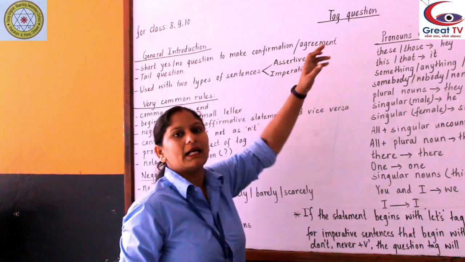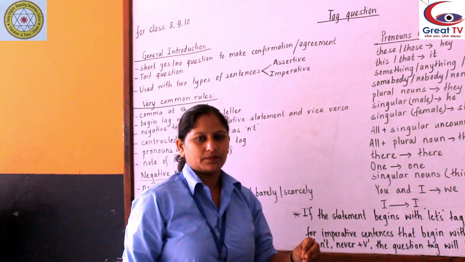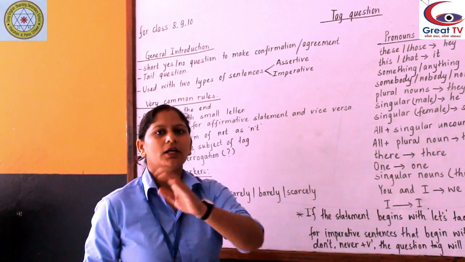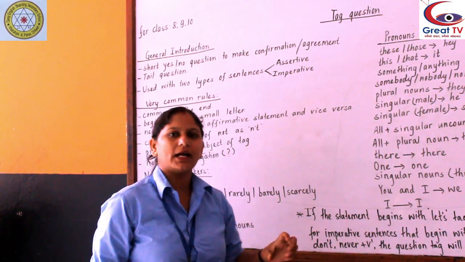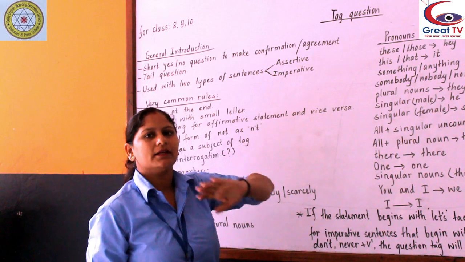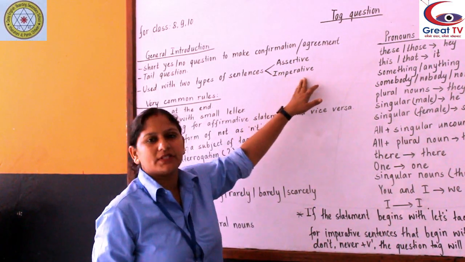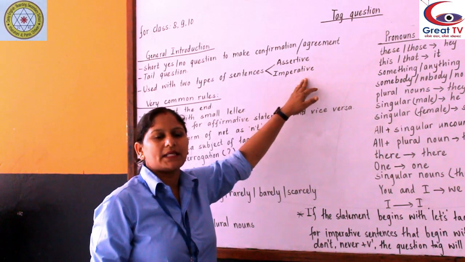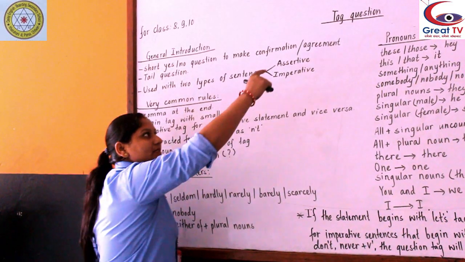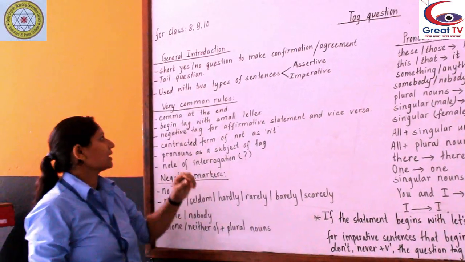Assertive sentences are the sentences that start with subject, verb and object. And commands are the imperative ones. In these two types of sentences, we use tag questions.